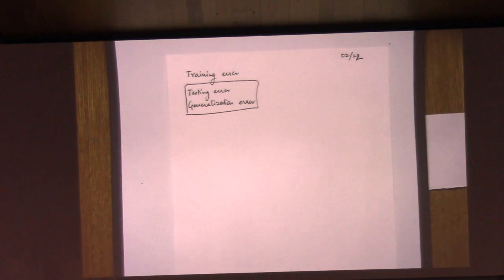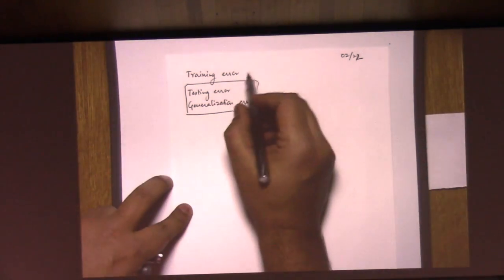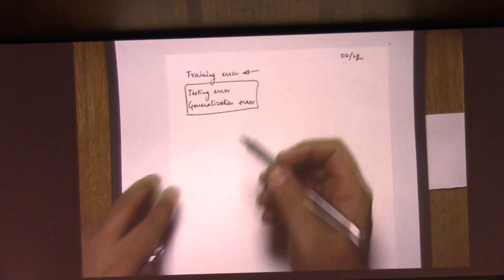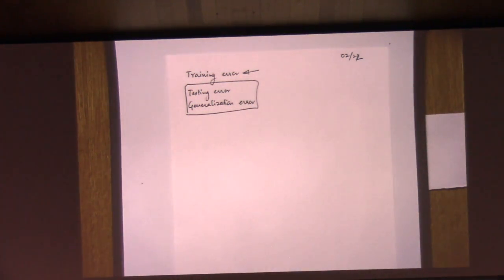Unfortunately, training error is what we usually optimize on. If you remember your neural networks or perceptrons, we are trying to minimize the training error. Why? Because that is something that we can measure. We cannot measure the testing error during training because we do not have the test data.